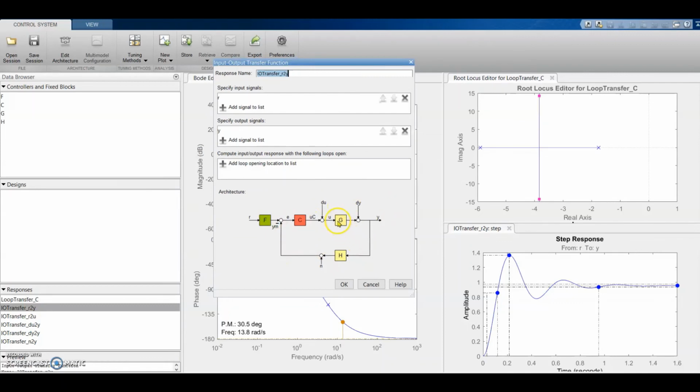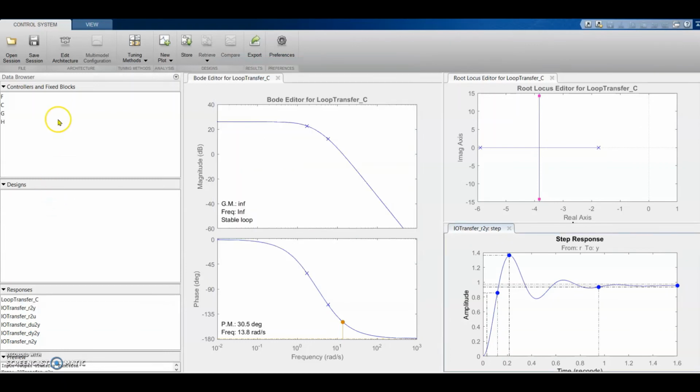We can vary G, H, C, or F. G is nothing but our open loop transfer function, and C is the gain here. So we want to vary this gain. G has a gain of 20, and this gain should be 1.6, so that the whole system gain becomes equal to 32.